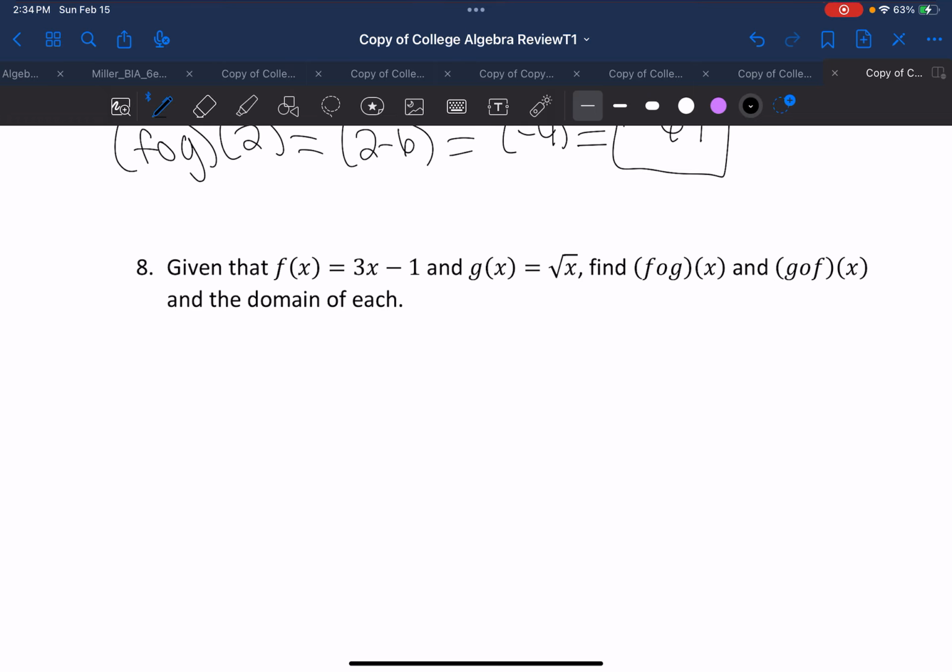And the last one says, given that f of x is equal to 3x minus 1, and g of x is equal to square root of x, find f of g of x and g of f of x, and then find their domain.